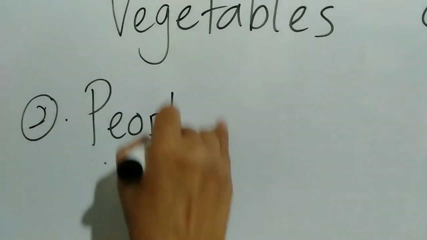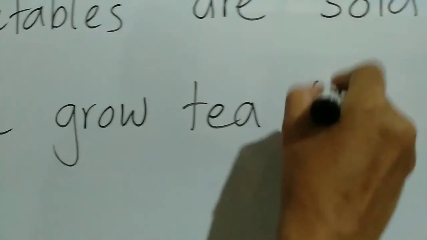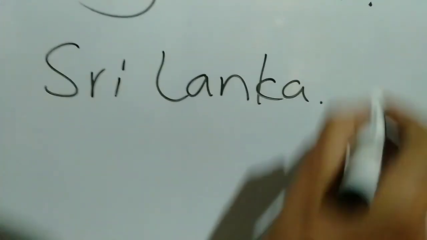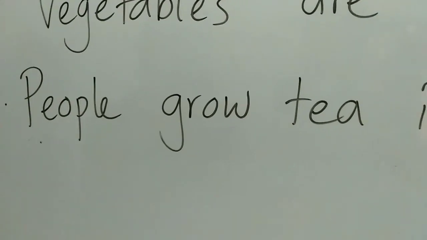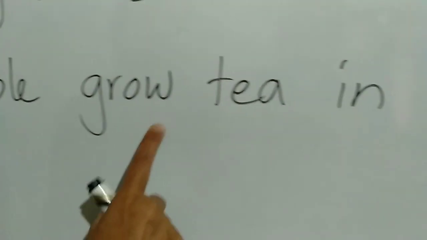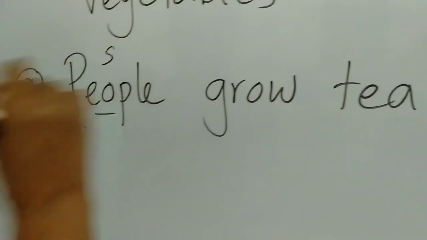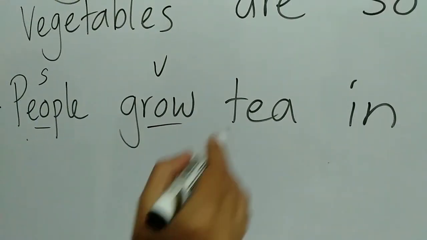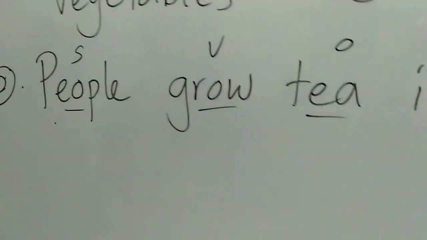People grow tea in Sri Lanka. Here also you clearly understand what is the subject, what is the verb and what is the object. Here people is the subject, grow is the verb, then tea is the object.